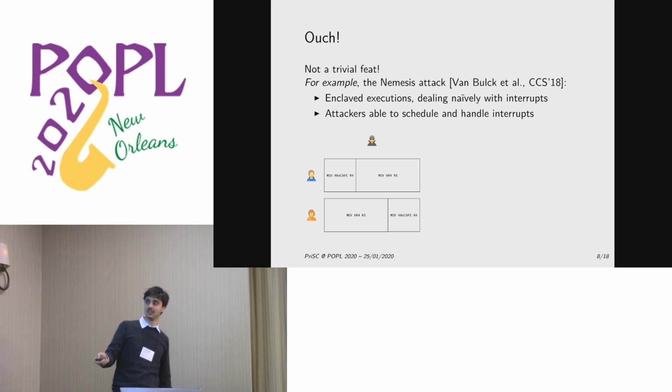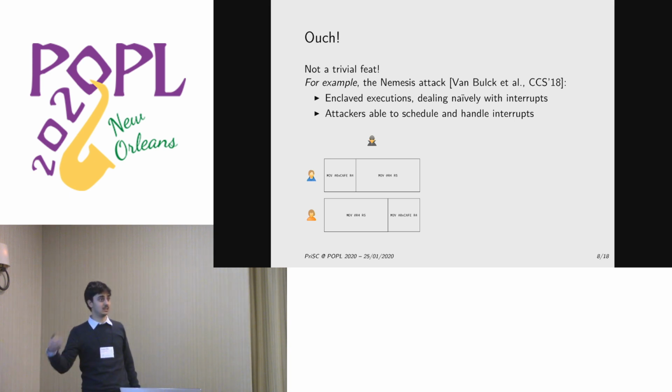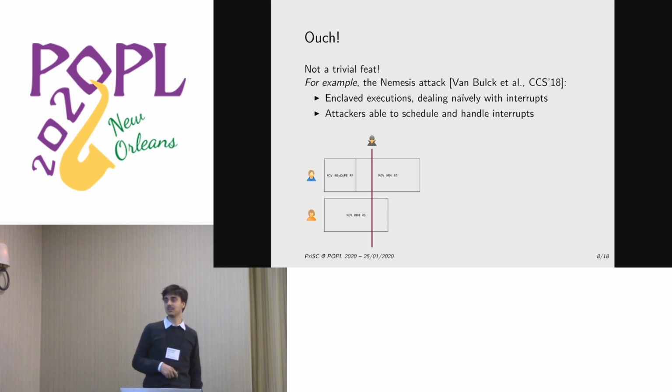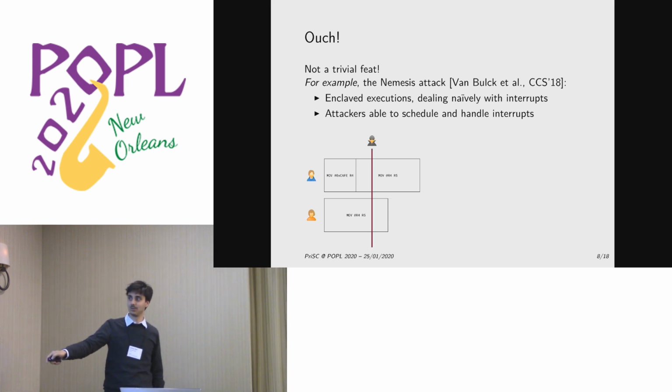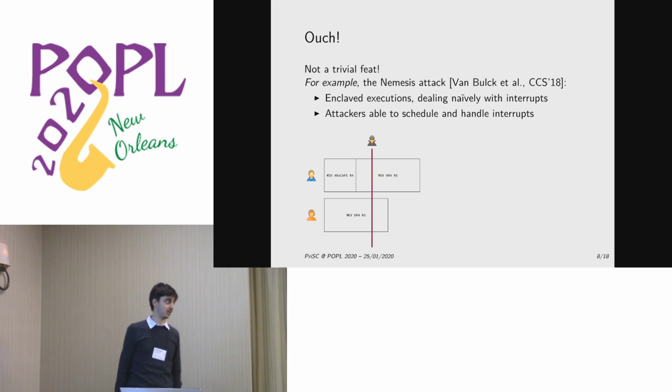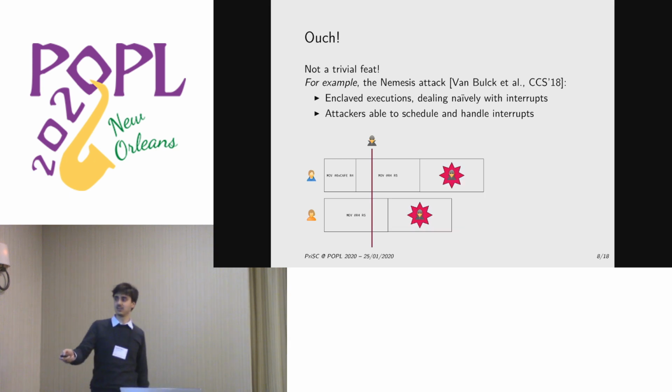The second one does the other way around, so a 4-cycle instruction and then a 2-cycle instruction. Suppose the attacker is able to schedule and handle the interrupts, and decides to schedule the interrupt right here, after 3 cycles. In this case, when the handler gets executed, you can see a difference in timing, because the interrupt is handled at the end of this instruction for the blue module, and at the end of the first instruction for the orange one.